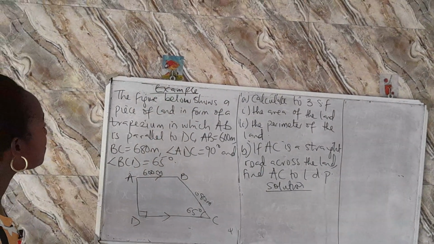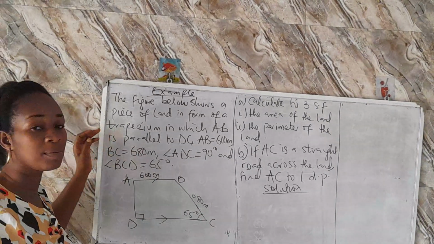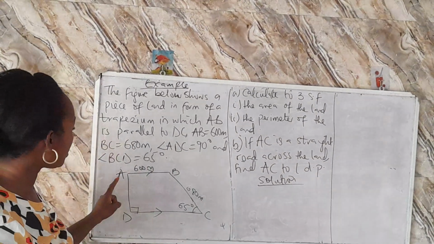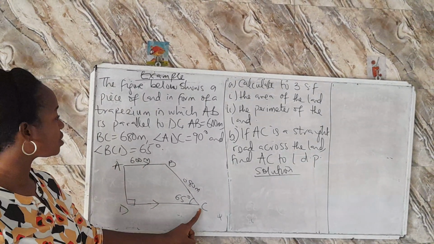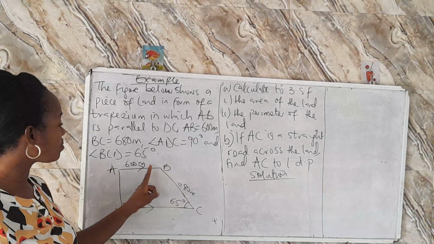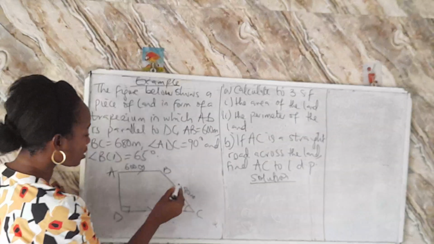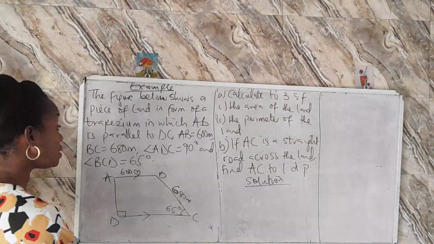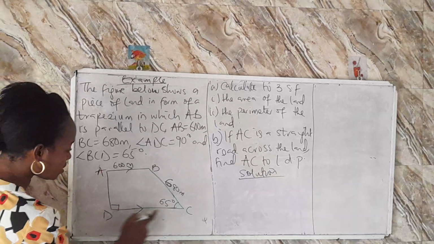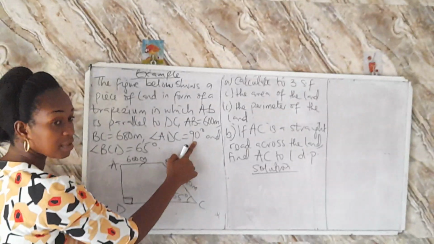Okay, we say that the figure below shows a piece of land in the form of a trapezium in which AB is parallel to DC. AB is 600 meters, BC is 680 meters, angle ADC, this angle here, is a right angle, 90 degrees.